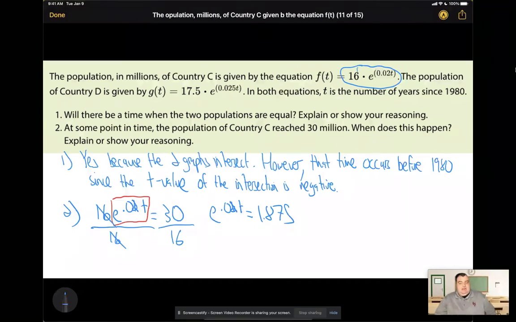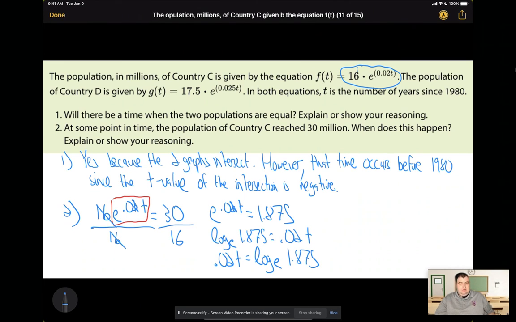All right, I can now convert this to log form. So this will be log base e of 1.875 equals 0.02t. Okay, switching around the order, that's 0.02t equals log base e of 1.875.